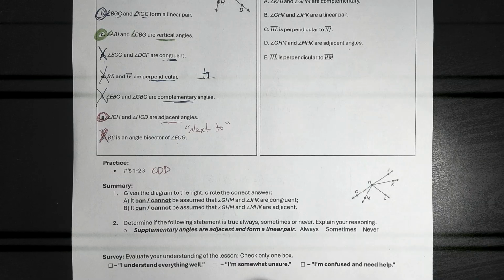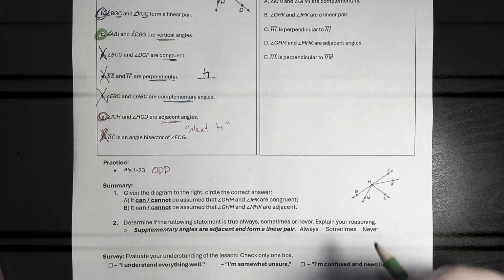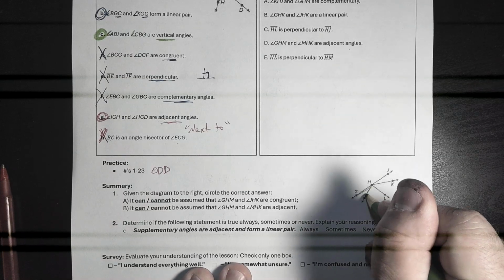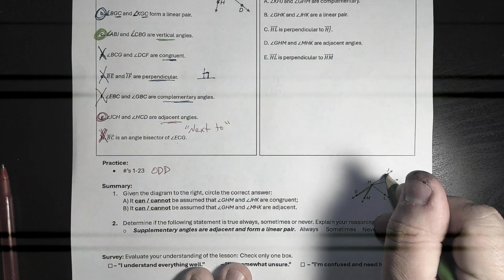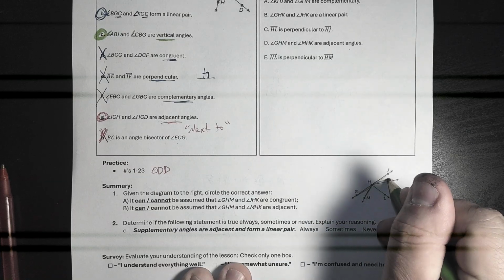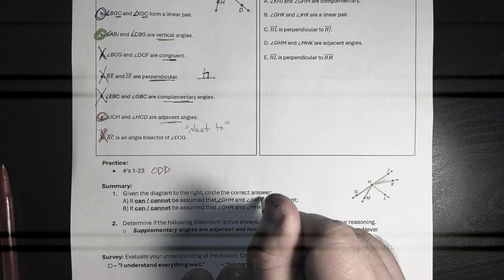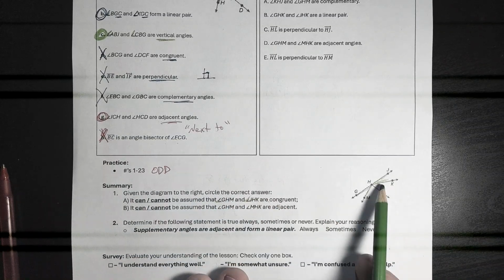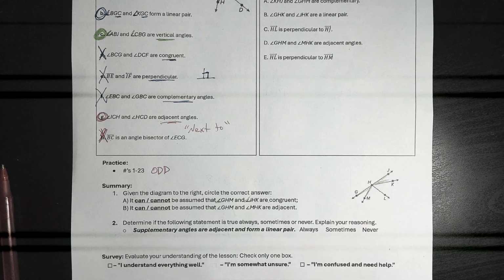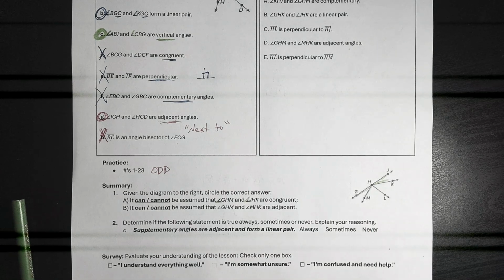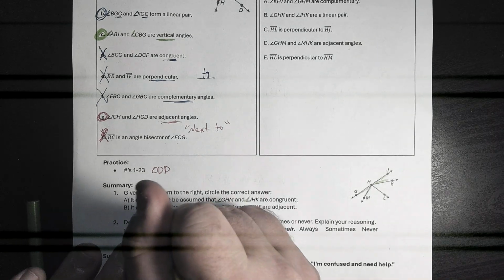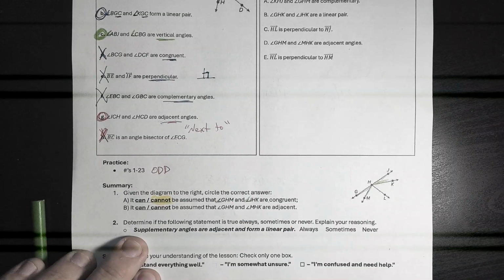So, given the diagram to the right, circle the correct answer. It can or cannot be assumed that GHM, let's just go green, GHM and GJHK, green and green, are congruent. Well, there's nothing marked, so it cannot be assumed. I'm just going to highlight it.